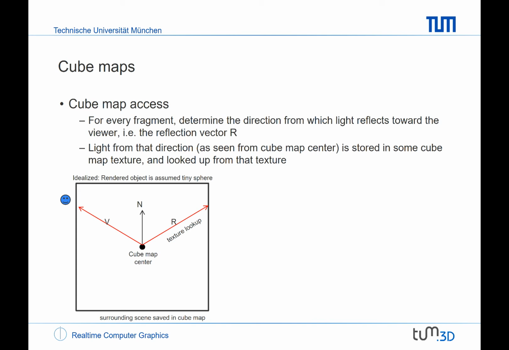Let us assume that the bold lines here indicate the surrounding scene, which is saved in a cube map.